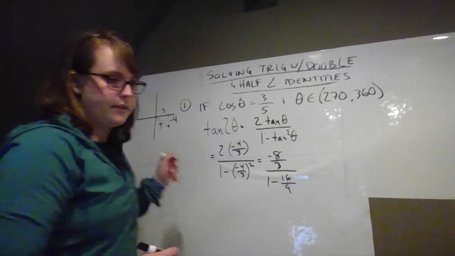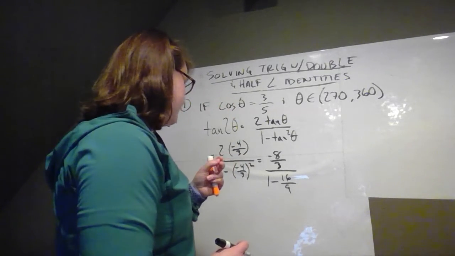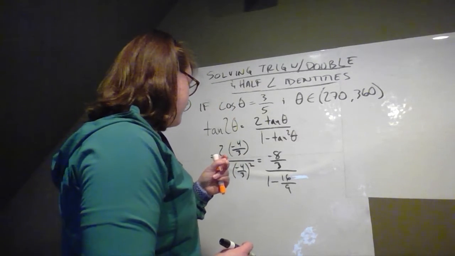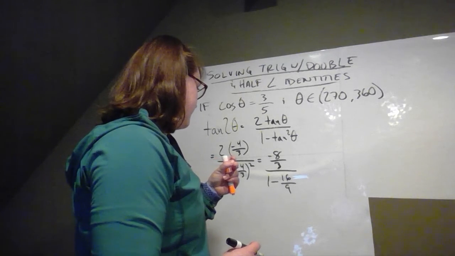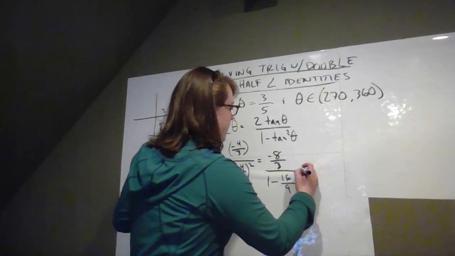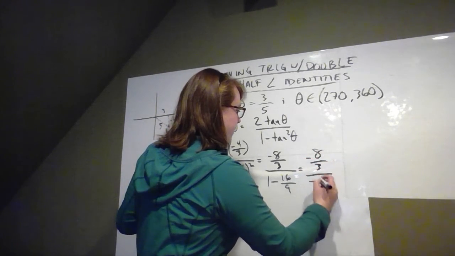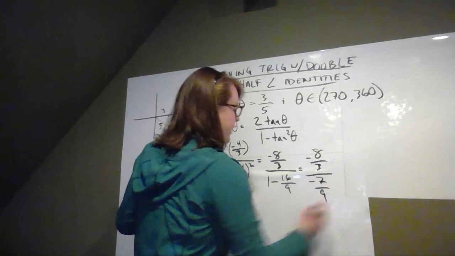So yeah, 1 minus 16/9, which gives us, let's see, negative 7/9, I believe. Yes. So we have negative 8/3 over negative 7/9.